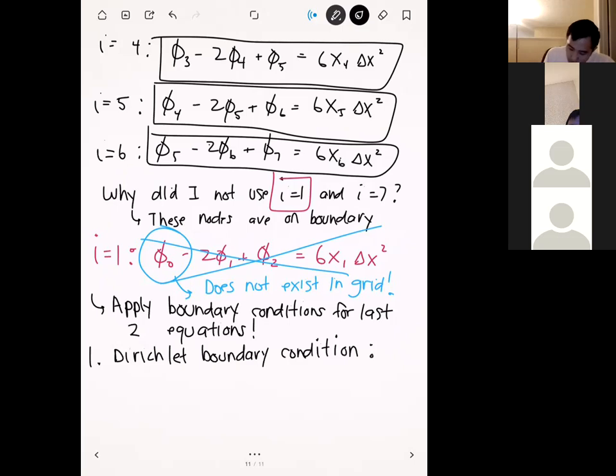Our Dirichlet boundary condition looked like this. From our original problem, it says that phi of 0 has to equal 1. This says that at x equal to 0, phi must equal 1. Let's find the node where x is equal to 0.